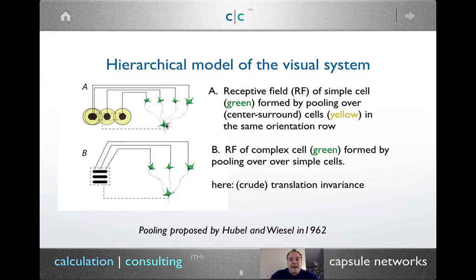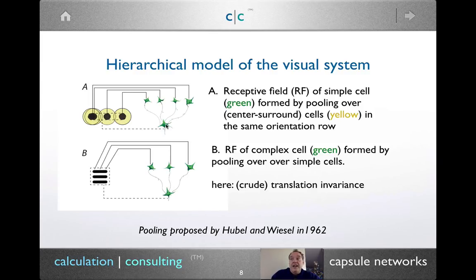And as information is passed from one layer of neurons to the other, there's a type of pooling which gives a kind of crude translational invariance. And so this understanding of how neurons process information was proposed even before I was born, and has propagated into our understanding of why we build deep nets the way we do. So max pooling is a really fundamental idea.